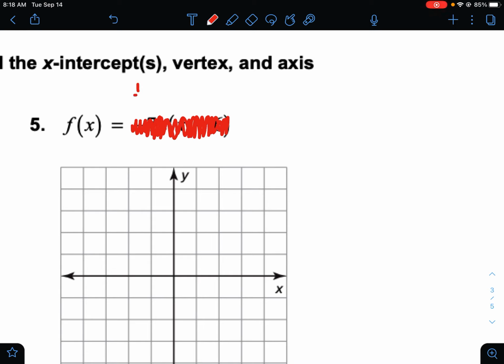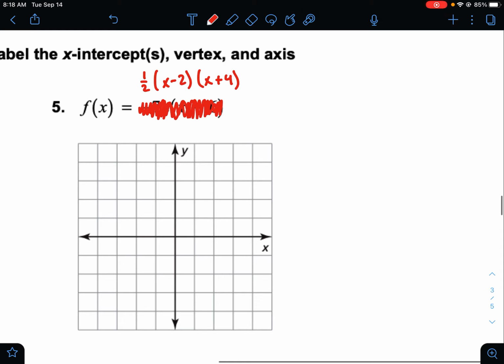So we're going to do 1/2 times (x minus 2) times (x plus 4). Again, from the information that is given to me, I know that the x-intercepts are the opposite of those signs, or positive 2 and negative 4. So when I graph this, here is positive 2 and negative 4.